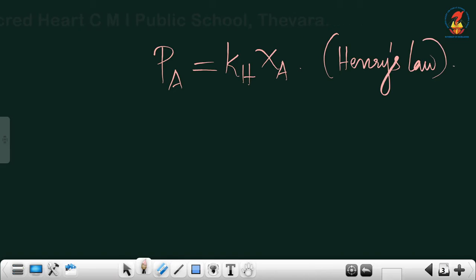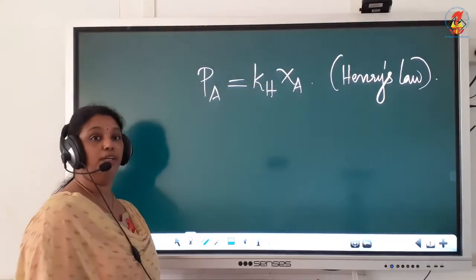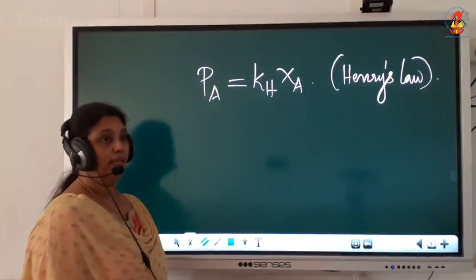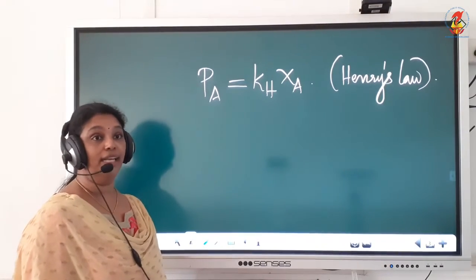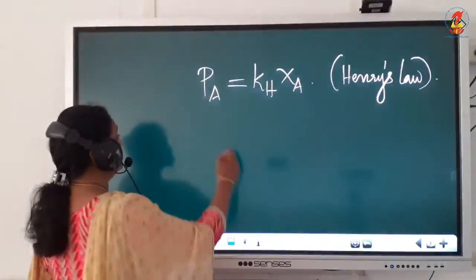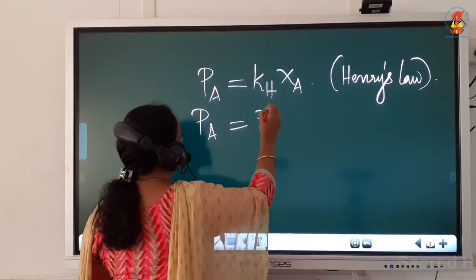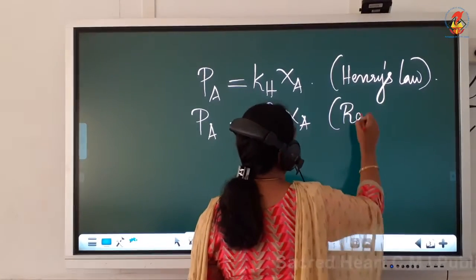Henry's law states that the partial pressure of a gas in the vapor phase is directly proportional to mole fraction, so PA is equal to KH into XA. According to Raoult's law, the partial pressure of a component in the liquid state is directly proportional to its mole fraction, so the expression for Raoult's law is PA is equal to P0A into XA.